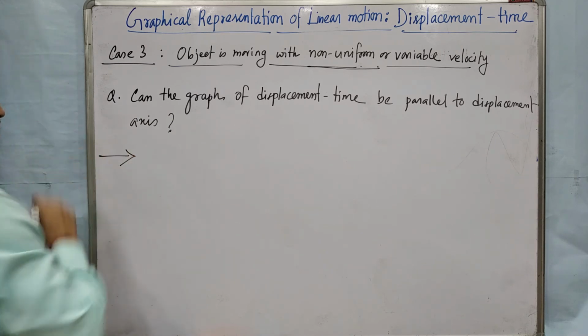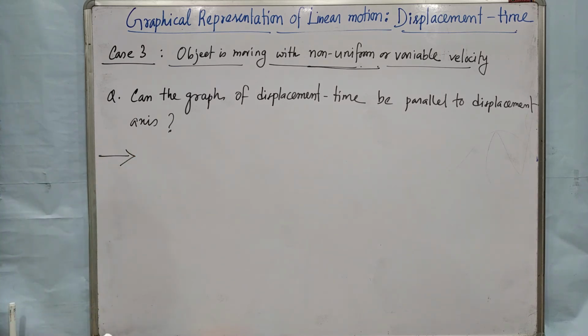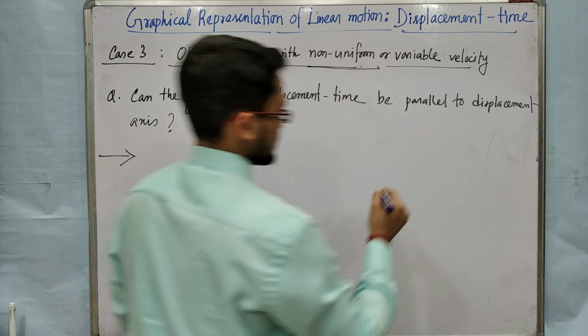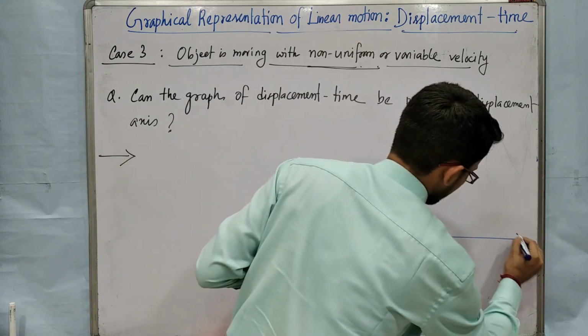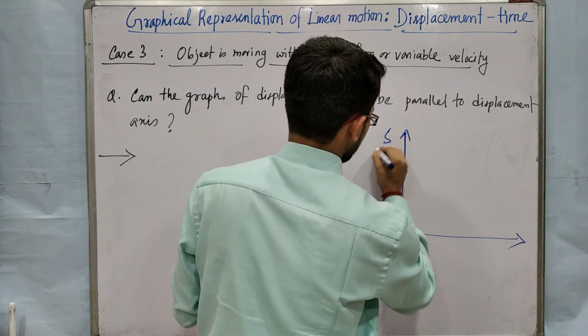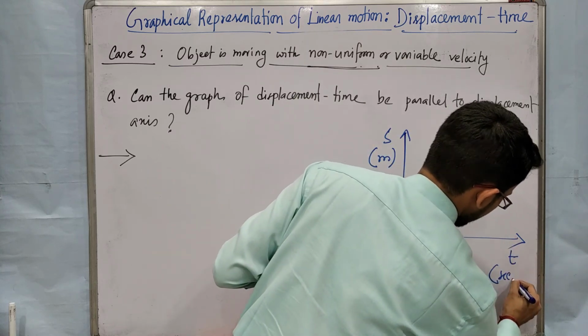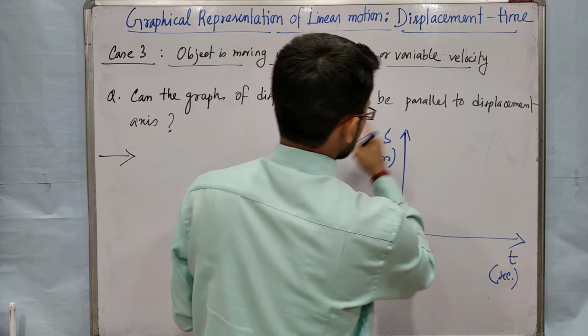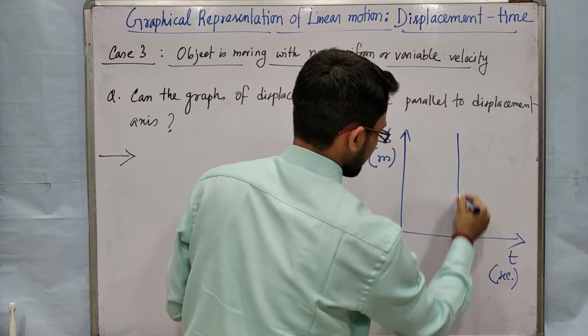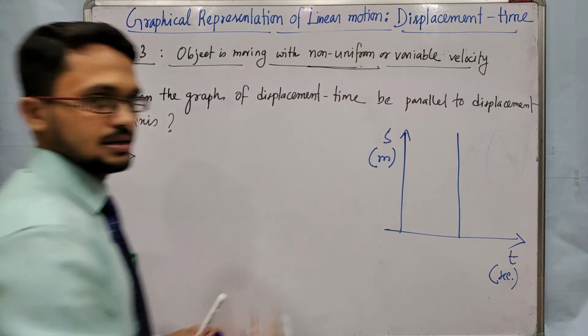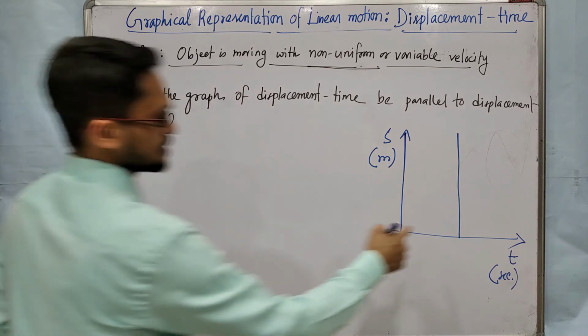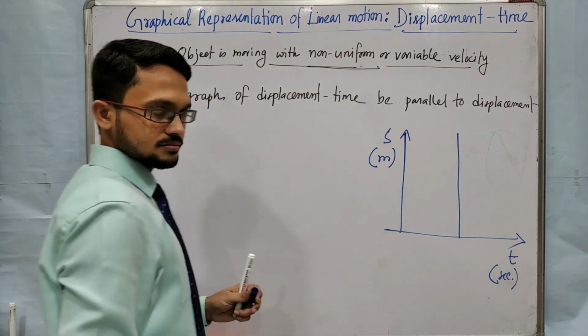This is a question. I am drawing it. So this is displacement, S, unit meter, and this is time, unit second. So this question says the graph is like this. Is it correct? Is this graph correct or not?